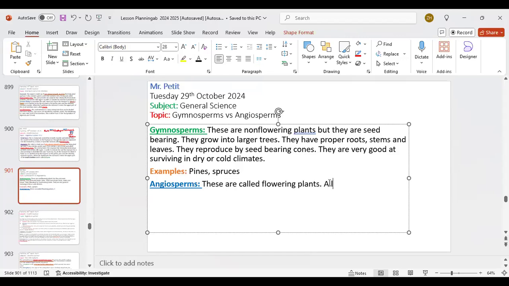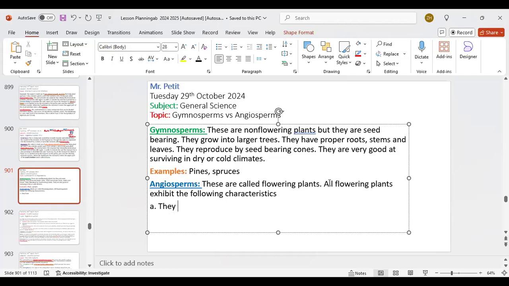All flowering plants exhibit the following characteristics. What are the following characteristics? Number one, they have what?